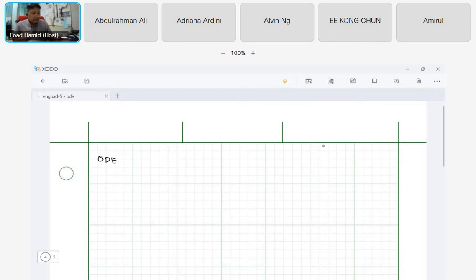ODE. And we say that ODE is simply dy dx equal to a function, where dy dx is the slope. So when we try to approximate this using numerical method, dy dx is approximately delta y over delta x.